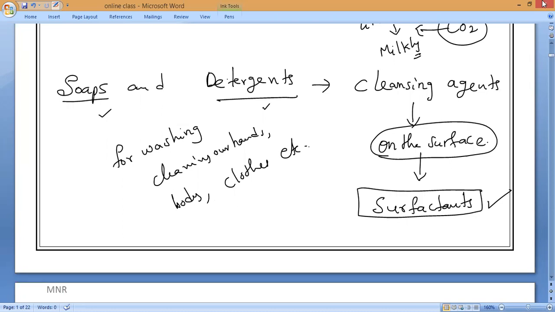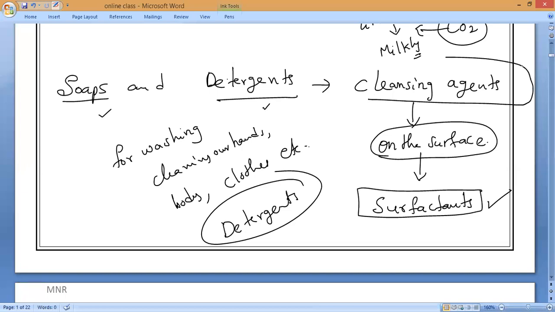Now, in scientific language, all those substances which have a cleansing action in water, we call detergents. So according to scientific language, everything including soaps and detergents, whatever we use as a cleansing agent, we call a detergent.